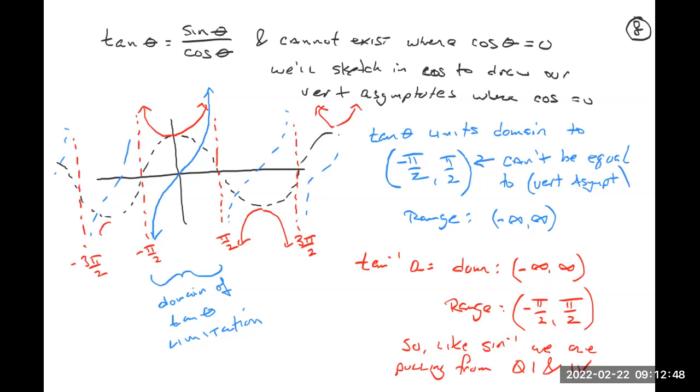So these red parabolic shapes, these are secant. If you were graphing secant, you would erase everything else and just keep these upward and downward facing, more or less, parabolas. Kind of a shortcut way to get an idea what your graph looks like.